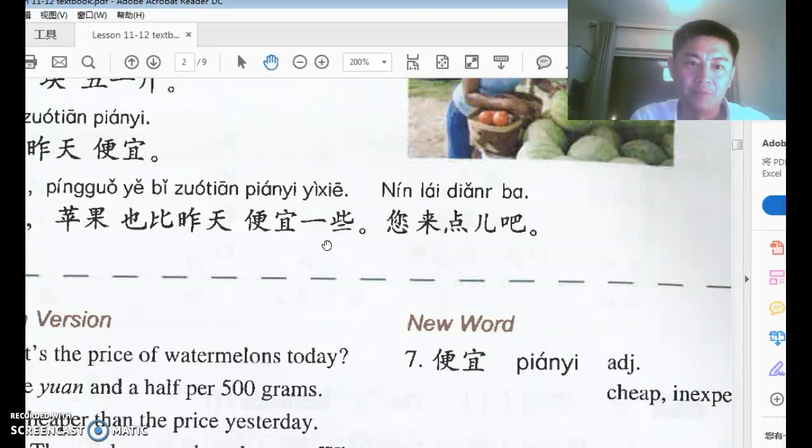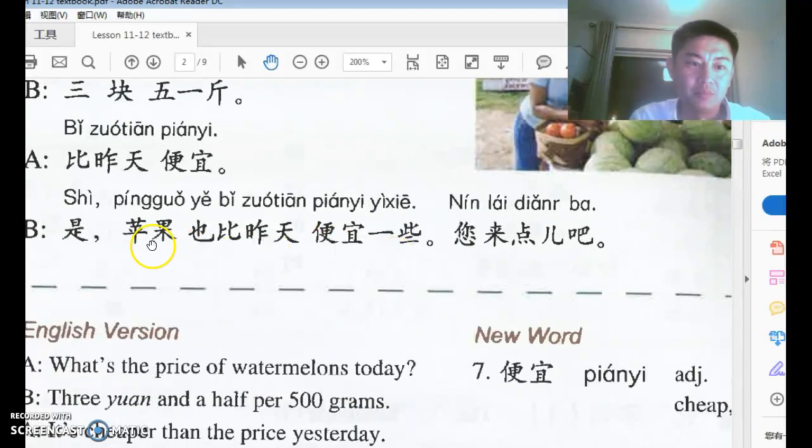Apple is somehow more cheap than yesterday. But you understand the sentence, right? It means 今天的苹果, today's apple, also 也比昨天的苹果便宜一些. But then there are omissions here.